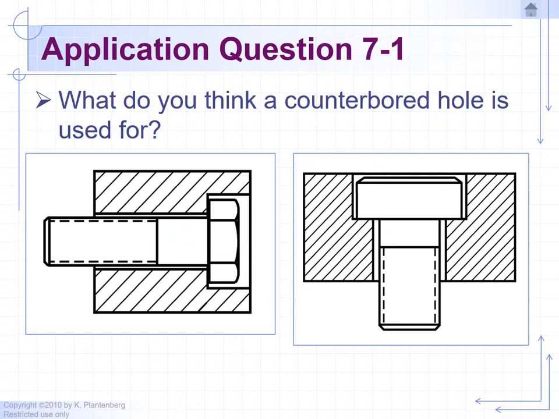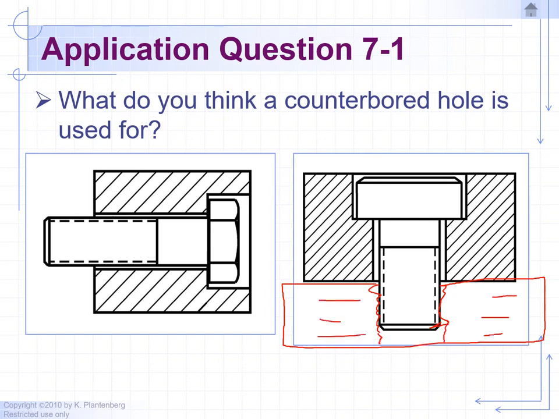So typically you'll have another plate that it bolts onto, and the hole here will have threads. So you'll be able to clamp down the top plate onto this new lower plate by using the bolt. Okay, next slide.